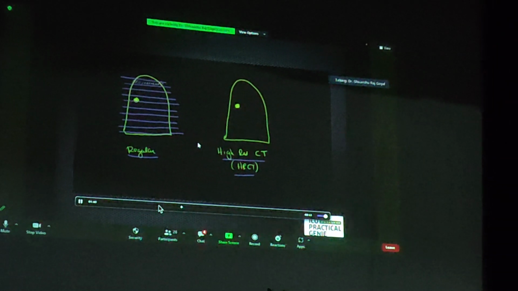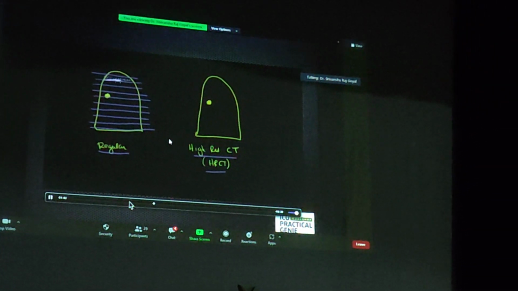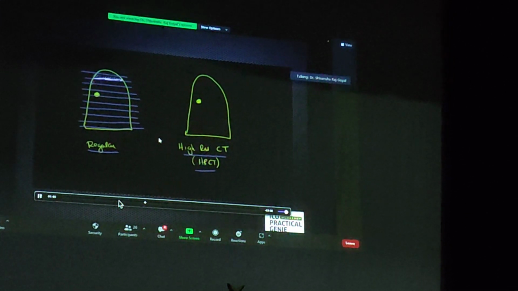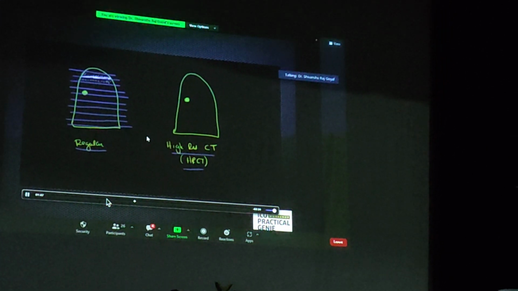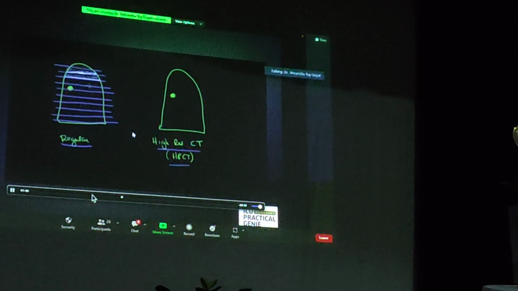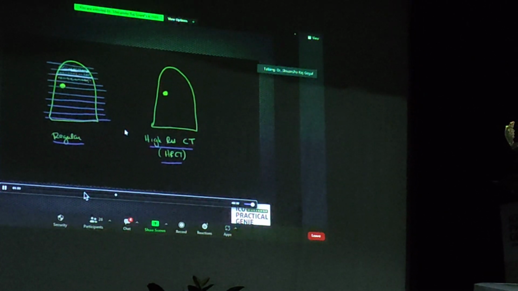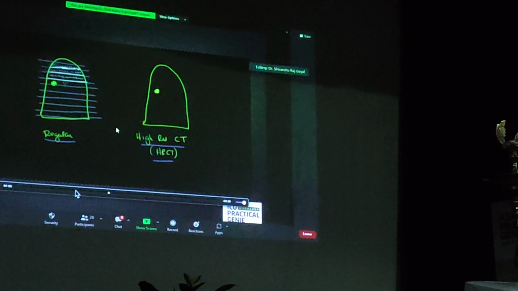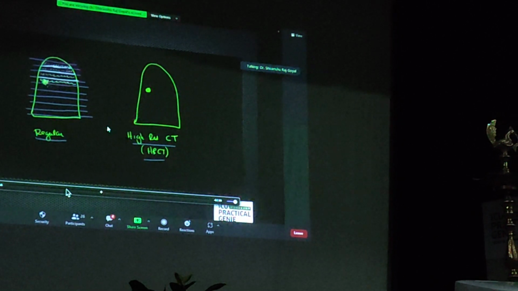So the whole lung is technically scanned. Whereas on an HRCT scan, wherever you take the cut, only that particular cut is given to you as a report or on the film. You do not get the intervening area. So you tend to miss that part.